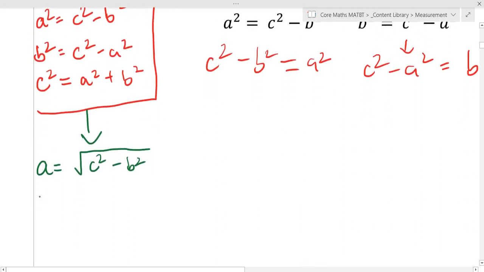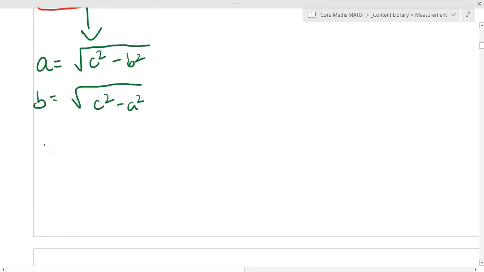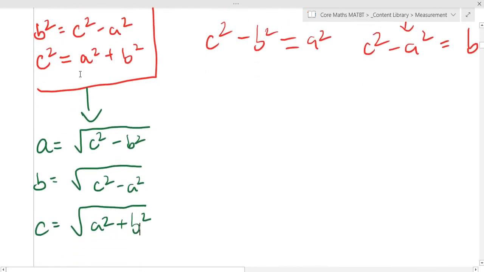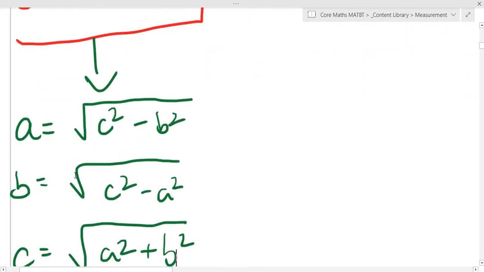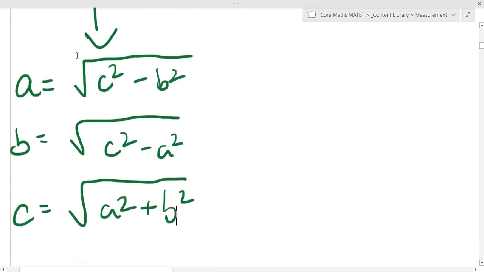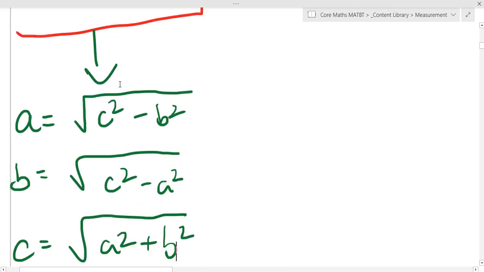If you're looking for B, square root of C squared take away A squared. And if you're looking for C, it's basically square root of A squared plus B squared. So the formulas are actually the same. I just prefer to use this because it cuts out any extra information that you don't really need. So it's a square root of that.